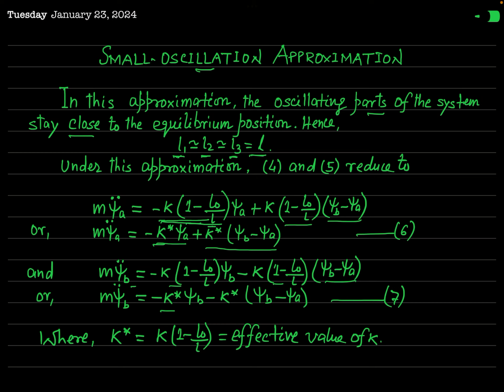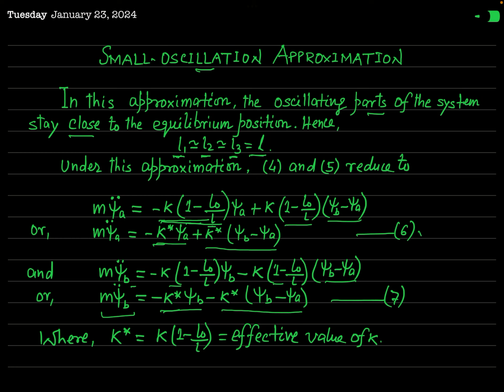Again we will write k star instead of k into (1 minus L naught by L). So the second equation of motion becomes m times psi b double dot equal to minus k star psi b minus k star (psi b minus psi a).